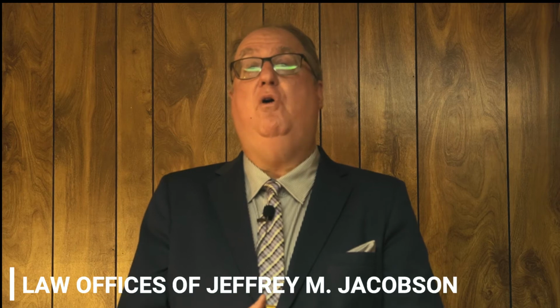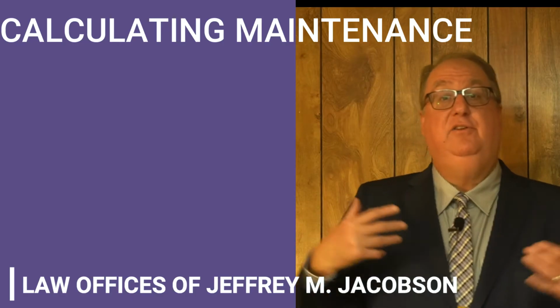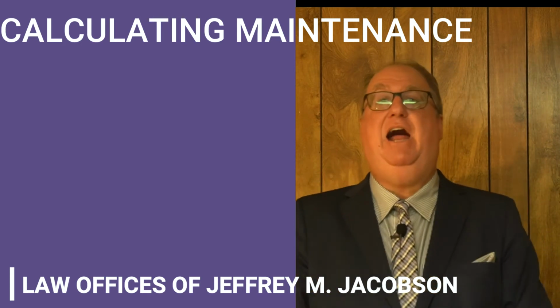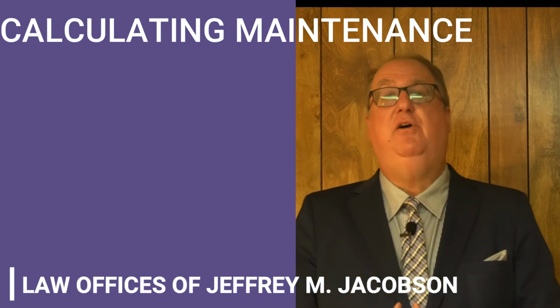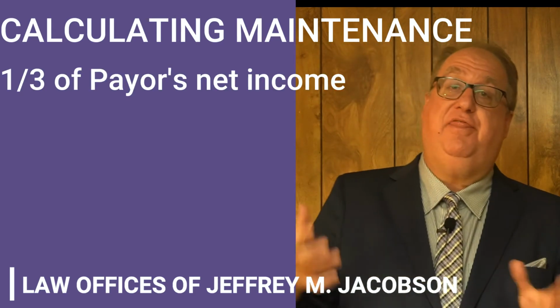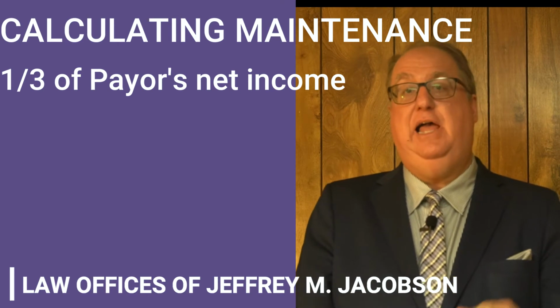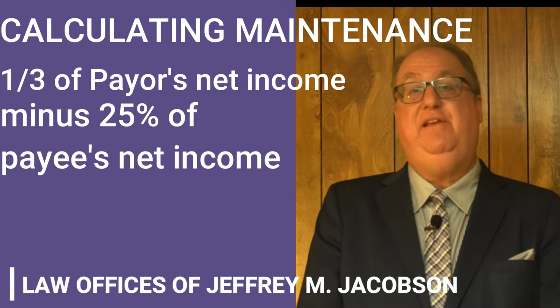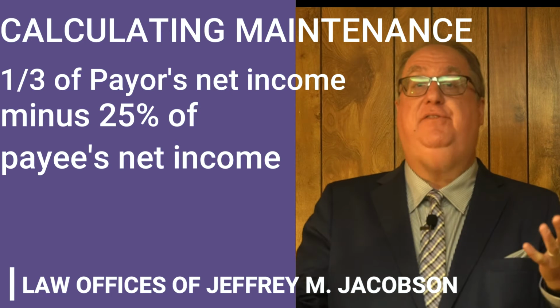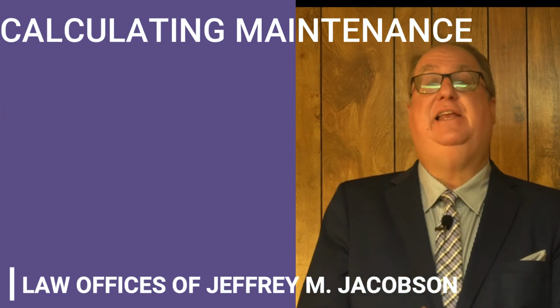Now let's go over how you calculate the amount of maintenance. Okay, so now a little math, not hard, I promise, but here's how we calculate the dollar amount for maintenance. We take a third of the payer's net income and we subtract 25% of the payee, or the person who's receiving the maintenance, net income from it.